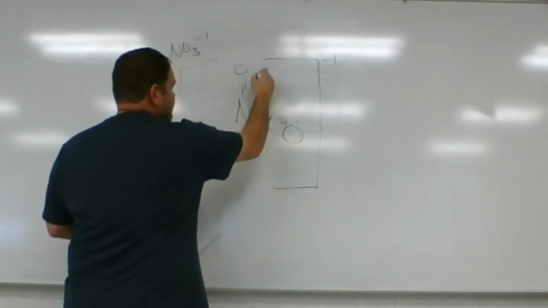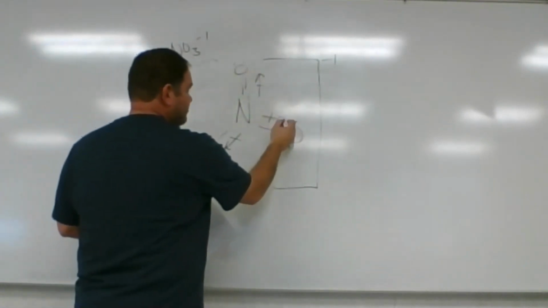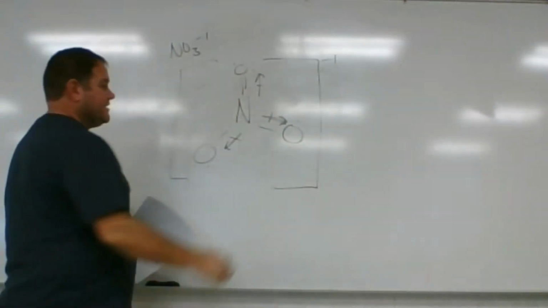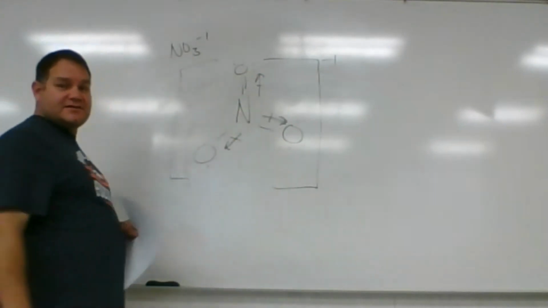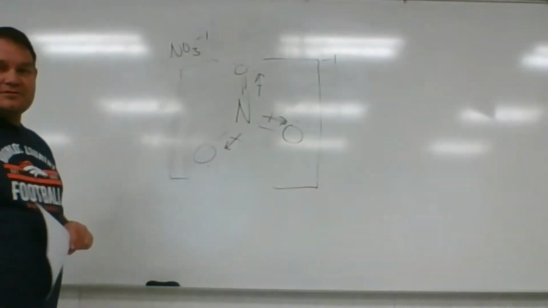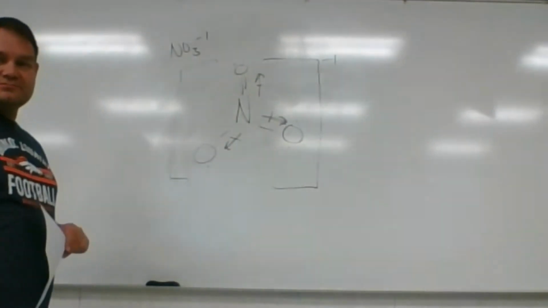So what's our shape? It's planar. And what do we say about planars? Planars are probably going to be non-polar. And again, if you're in doubt, there are no lone pairs on the central atom. So this is a non-polar molecule as well. All the dipoles cancel out in this trigonal planar shape.